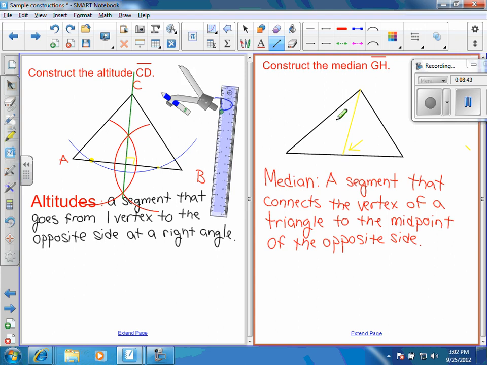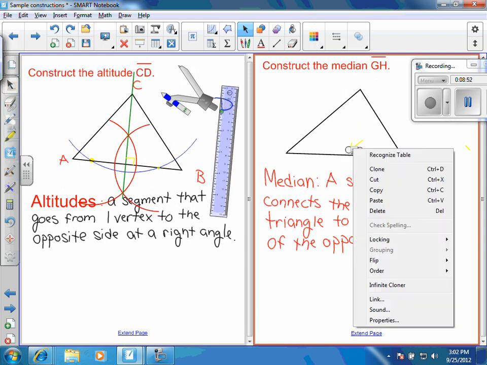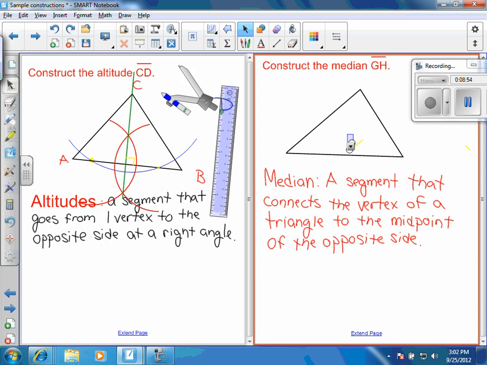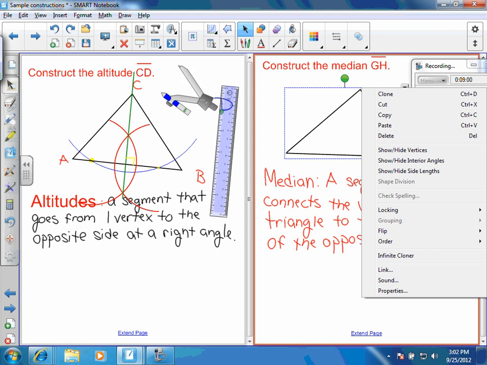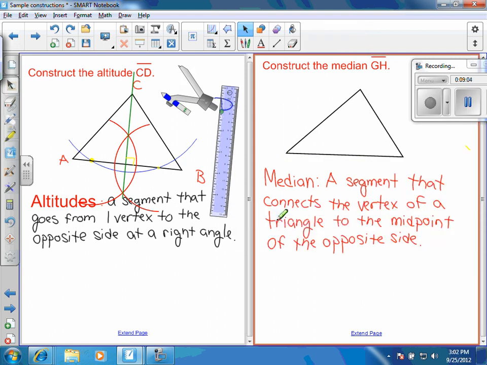Okay, and then I'm going to get rid of those pieces there, so we don't really want those. The other thing I should have done, I'm going to lock this down so it doesn't move when I construct. Does that answer the question of what the difference is?